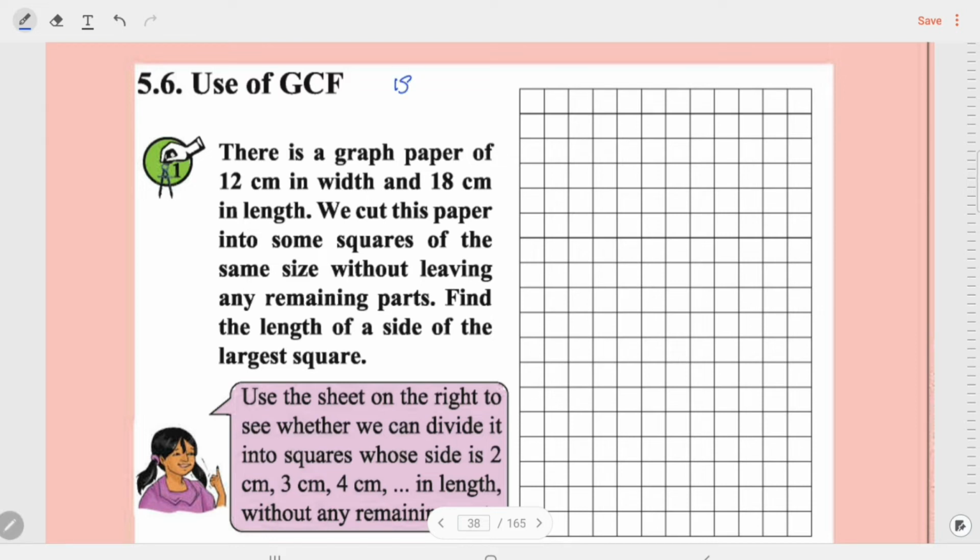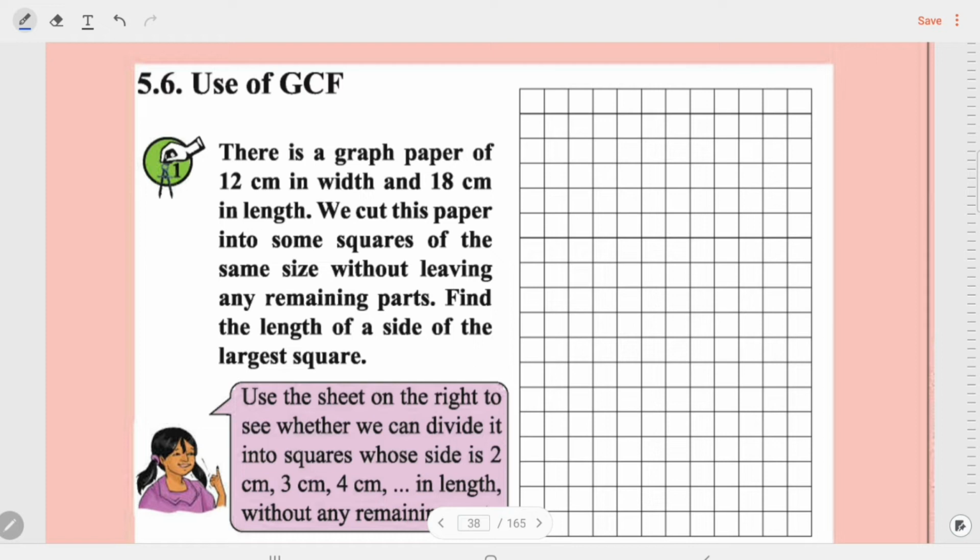Okay, how to find the GCF? Take the small number and divide the larger number by it. 12 ones are 12. Here you will get 6. 6 twos are 12. So 6 is the answer. 6 is the GCF in this case.